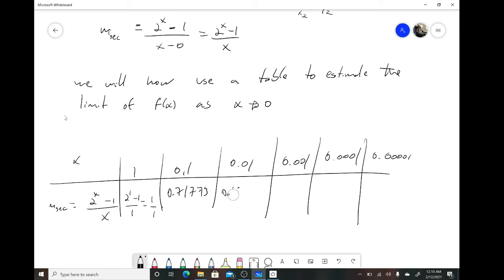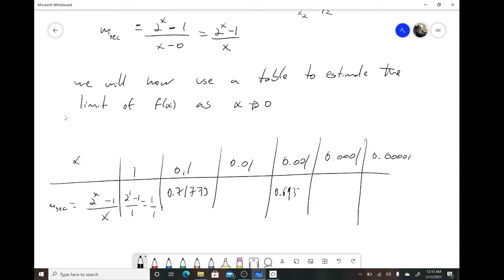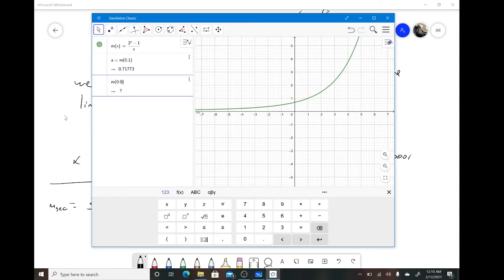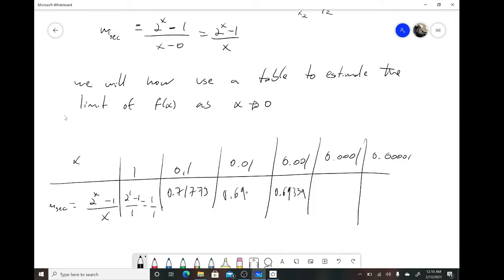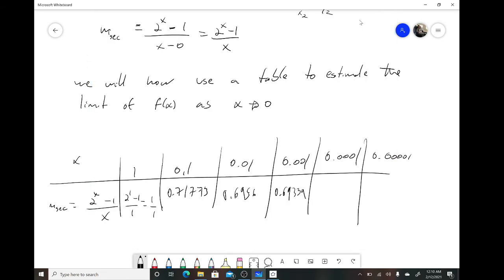So 0.01 is the one that I'm missing, and that is 0.69556. Then for 0.0001, it's 0.69317.